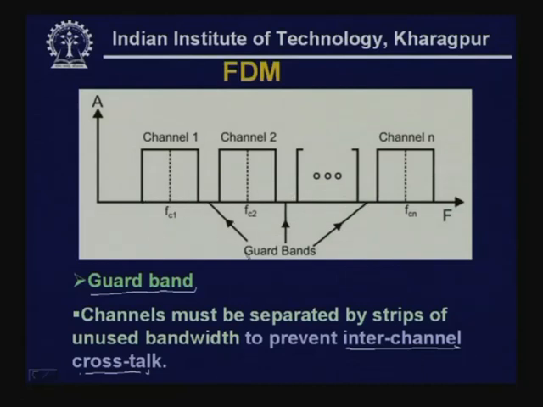So we have to take care of not only the bandwidths of each of these subcarriers, but also the bandwidth of the guard bands together to decide the bandwidth of the channel. That means the channel must have a bandwidth which is the sum of the individual channel bandwidths plus the guard band bandwidths.